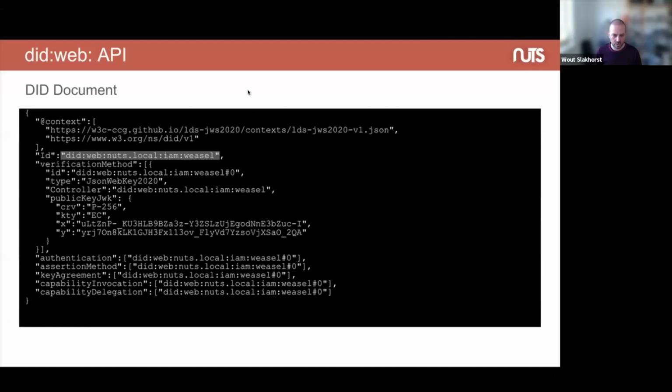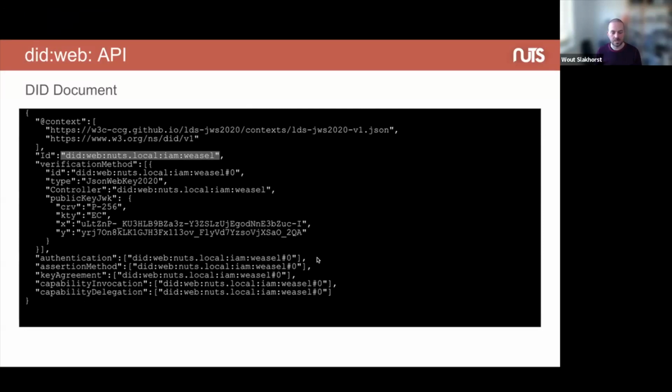The resulting document is also much simpler than a DID Nuts document, because with DID Web, we actually only need a single type of key. You can see here that we added authentication, assertion method, key agreement, capability invocation, capability delegation. But actually the only key type we use is the assertion method, which is used for signing.